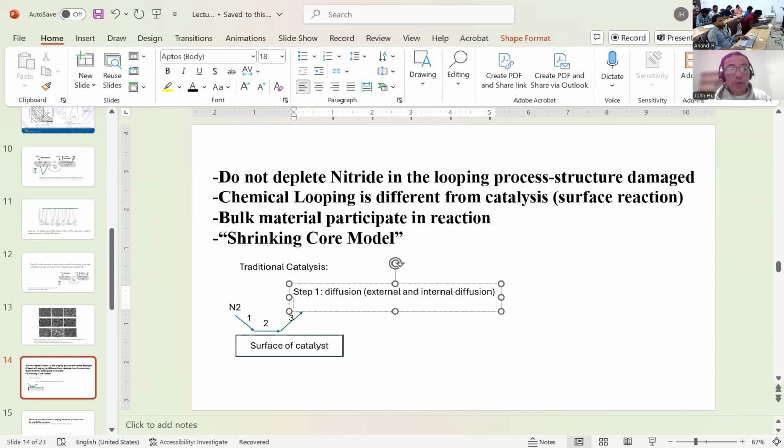Then step 2, surface reaction. No, step 2 is not surface reaction, it's adsorption. Basically the molecule adsorbs on the surface.